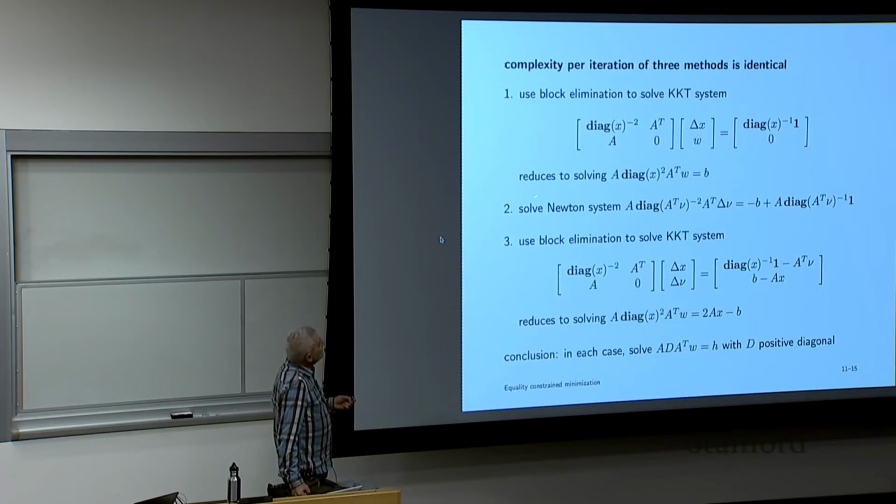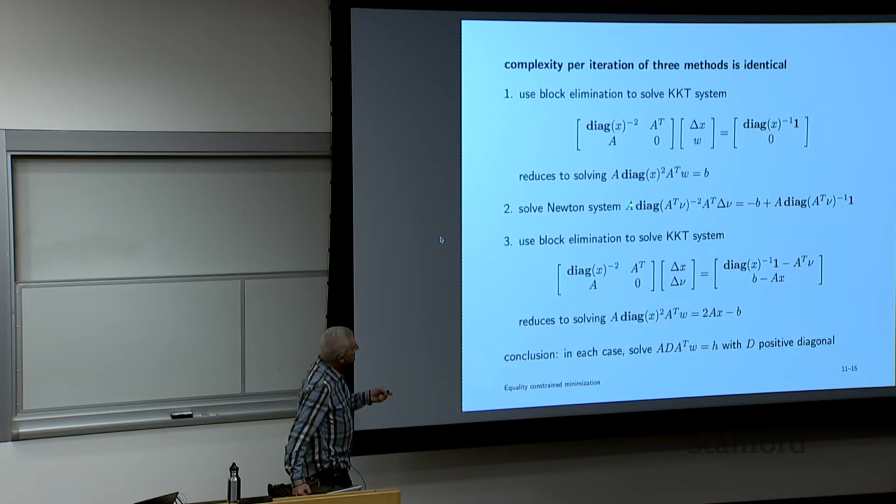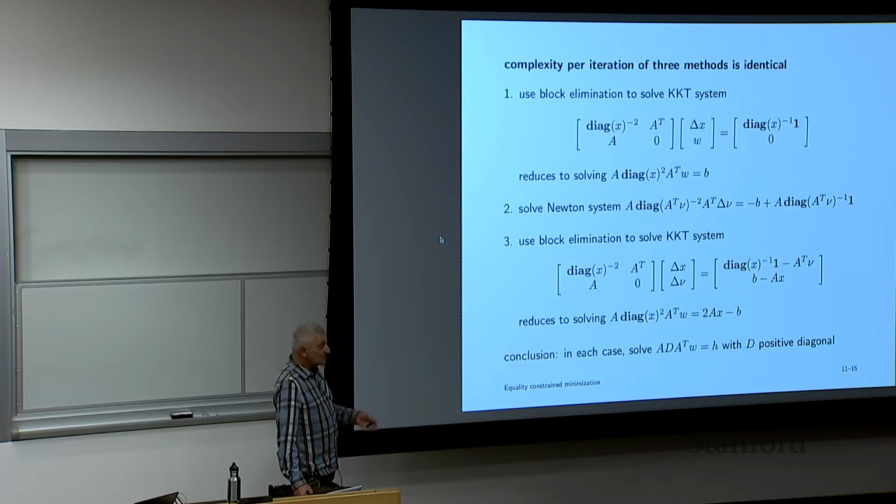If you wanted to do the dual, you'd actually have to work out the Hessian of the dual objective, and it turns out it's going to be identical. You're going to solve something that looks like A times a diagonal, positive matrix times A transpose times delta nu. And this is just the detail of what it is. So once again, you would solve a 100 by 100 set of linear equations.